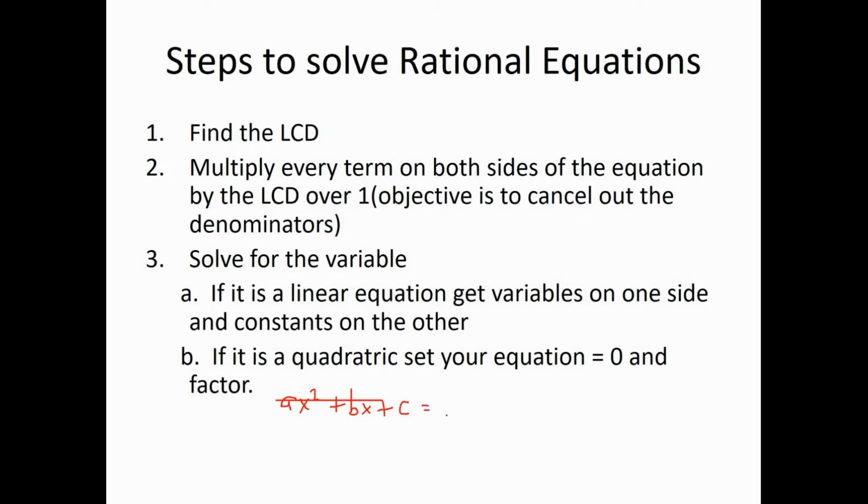Tapos, i-equate natin siya sa 0. After that, we have to factor the polynomial, the quadratic equation, para siya maging a plus b squared. Or, pwede ba siya maging ibang form na factored out?